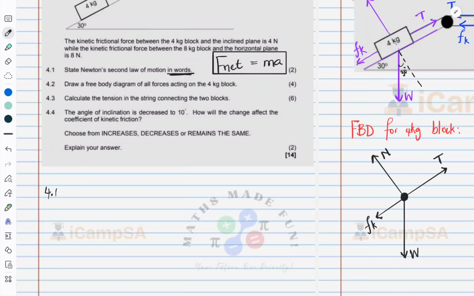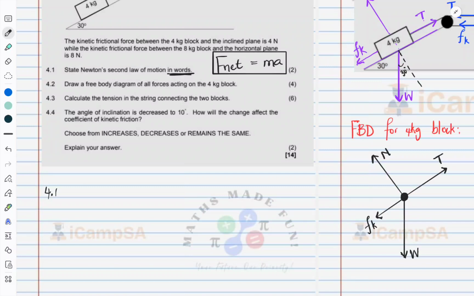So remember, it basically says if a net force is applied to an object, the object will accelerate in the direction of the net force with an acceleration that is directly proportional to the net force itself, but inversely proportional to the mass of the object. Okay, so that's all Newton's second law of motion says.